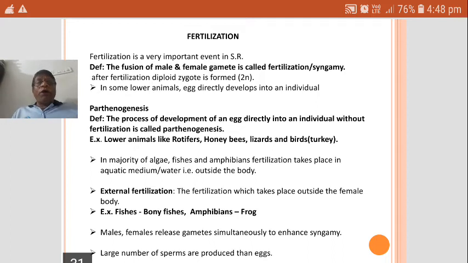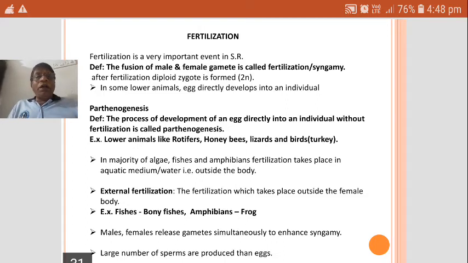What is fertilization? The process of fusion of male and female gamete is called syngamy, also called fertilization.